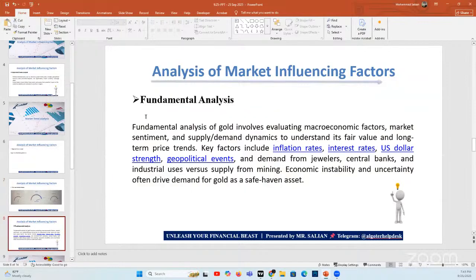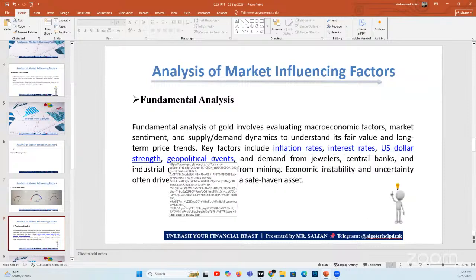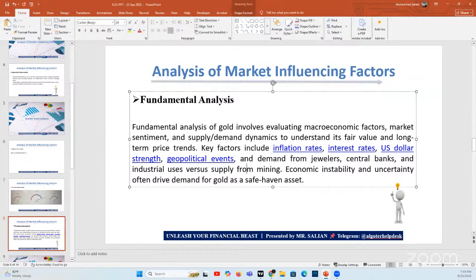For example, fundamental analysis of gold involves evaluating macroeconomic factors, market sentiment, and supply and demand dynamics to understand its fair value and long-term price trends. Key factors include inflation rates, interest rates, US dollar strength, geopolitical events, and those Middle East wars going on now, and demand from jewelers, central banks, and industrial uses versus supply from mining.